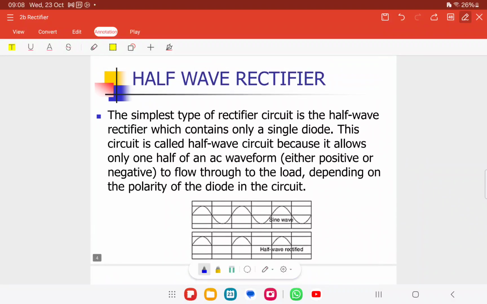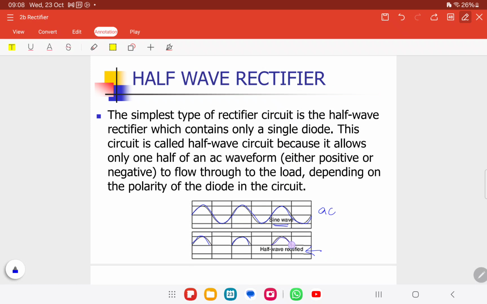Alright, so this one is for the half wave rectifier. As you can see here, the one at the top is a sine wave, the AC signal. Okay, the AC voltage, whether AC or DC, signal or voltage or source current, it is a simultaneous sine wave. Okay, for the half wave rectifier, it only conducts for the positive cycle or the negative cycle, only one cycle.